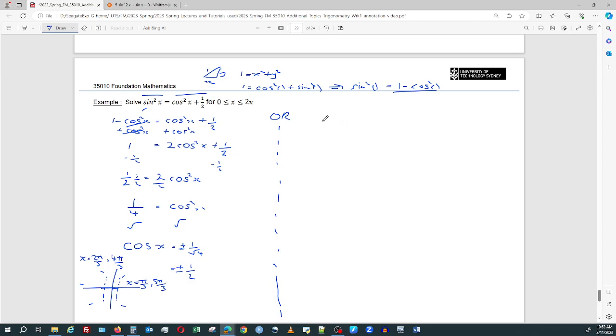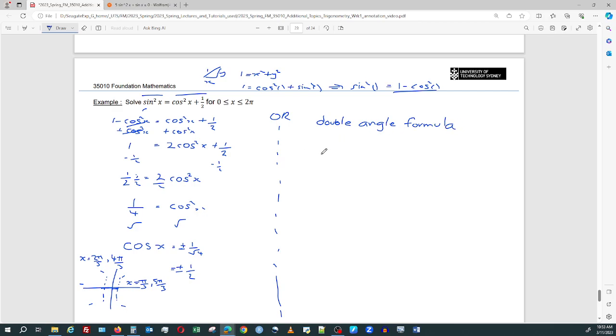Okay, so double angle. Now the reason that I'm doing it is because it does come up.